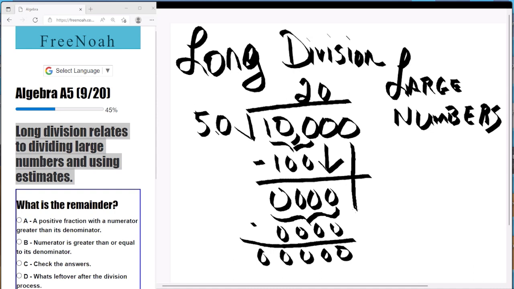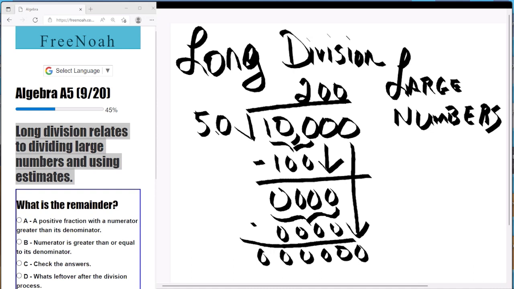Now the next step is to go to the next place value of the 10,000. We're going to drop that place value, which just so happens to be 0. Now let's evaluate that place value. How many times does 50 go into 0? 0.